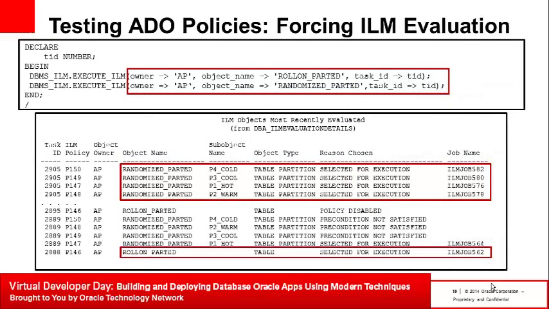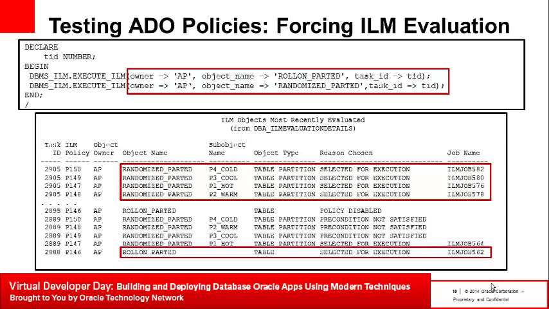By the way, I'm showing you a simple example of this, implementing it against roll-on parted and randomized parted, but you can, with EXECUTE_ILM, actually drive down to the individual partition in a partition table. I'm keeping this simple for space purposes.